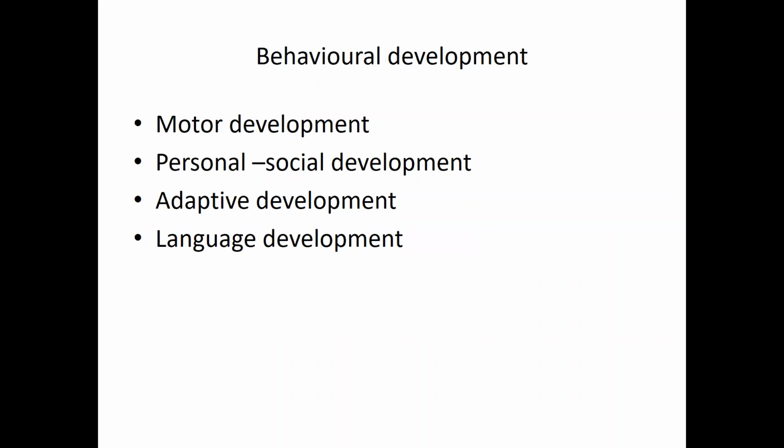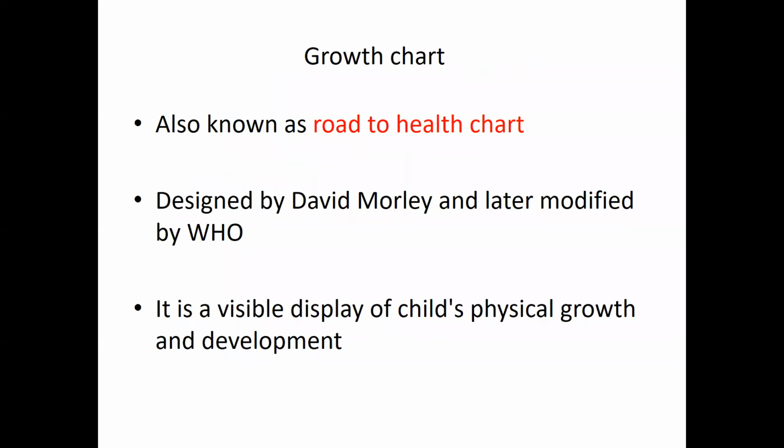Behavioral development: motor and personal, adaptive, language. So all these are development for this child. And then the growth chart, very important. It is also known as the road to health chart. In your exam hall or in your spotting, you will be given this growth chart, and you will be given a specific point, and then you have to make your comment on that specific point.